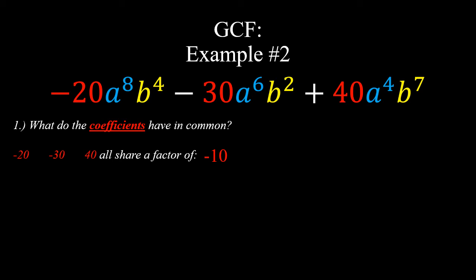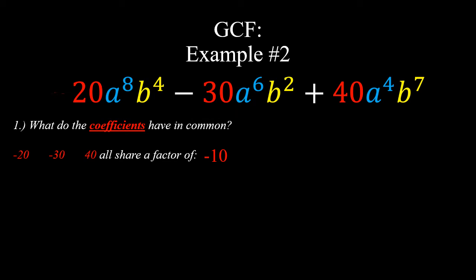And here's the thing about GCF, you guys. When you are looking for the GCF, if your leading coefficient, that means your first coefficient, includes a negative, you always pull the negative out. If this had been positive 20, let's say that negative had gone away, and this had said 20 a to the 8th, b to the 4th, even if my other terms had a negative sign in them, I wouldn't pull the negative out of my GCF.